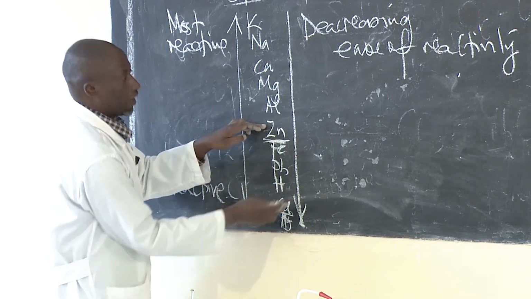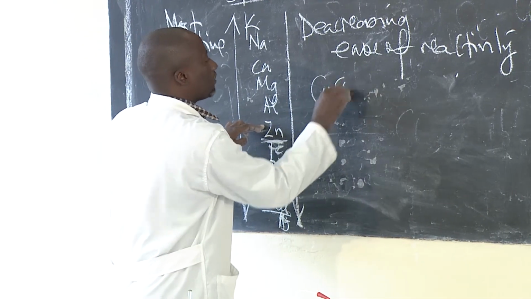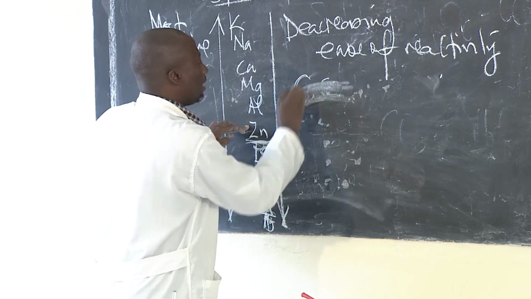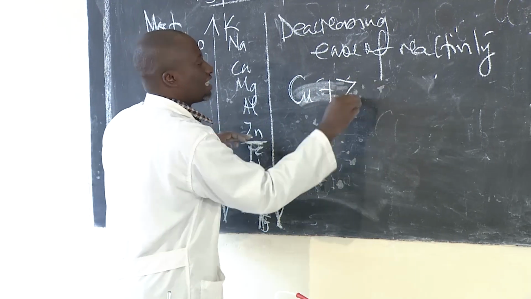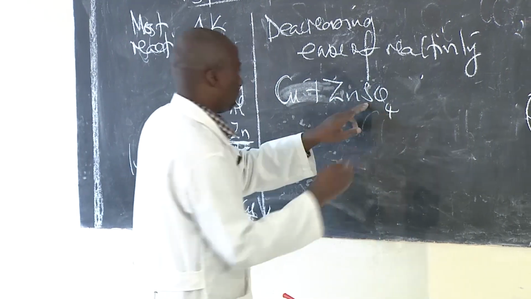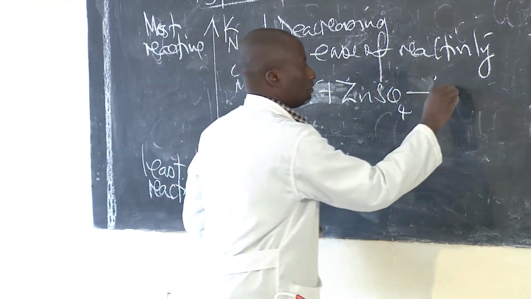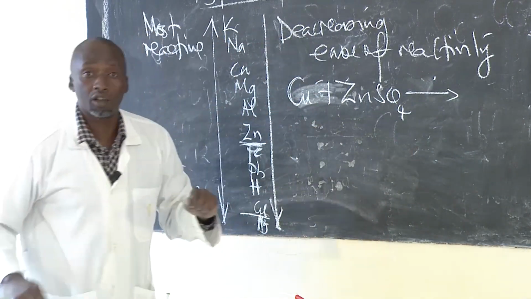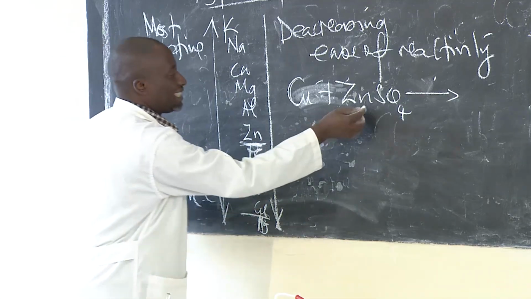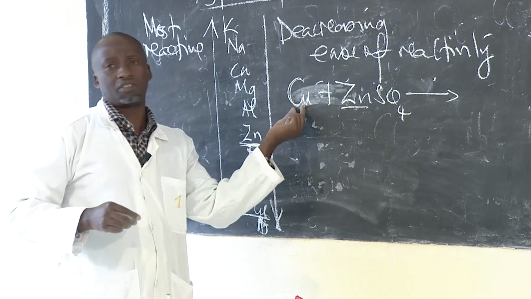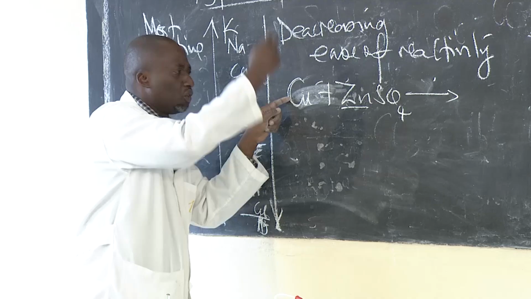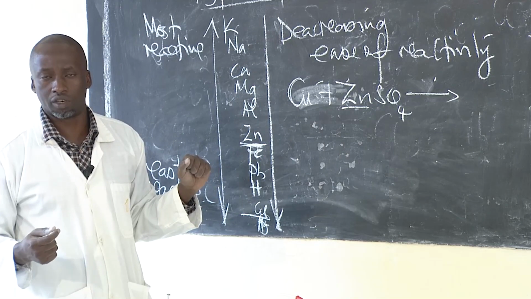But if you have, for example, copper sulfate giving you copper plus zinc sulfate, that is just an example I'm giving, this reaction won't take place. Why? Because zinc is more reactive than copper, so copper cannot displace it from its solution.